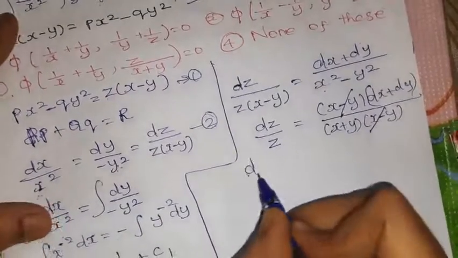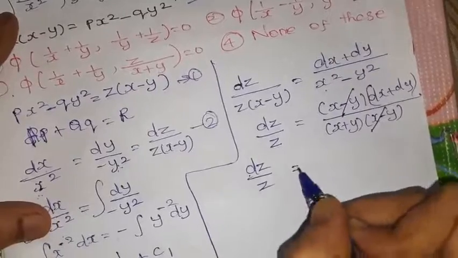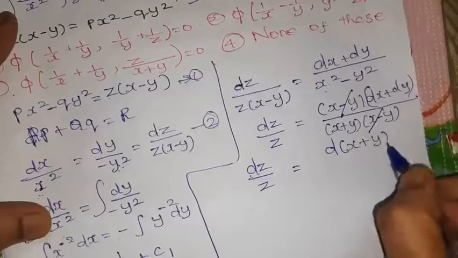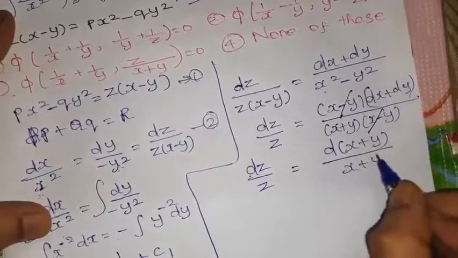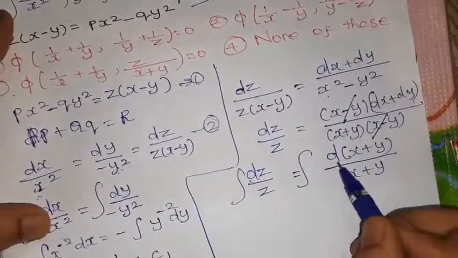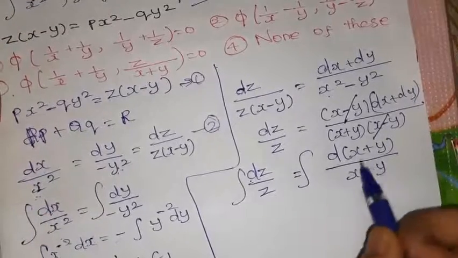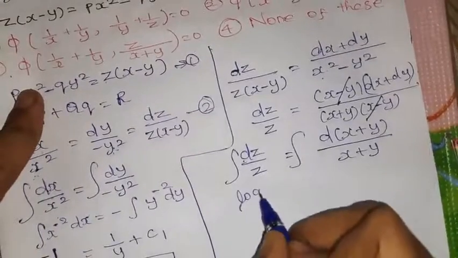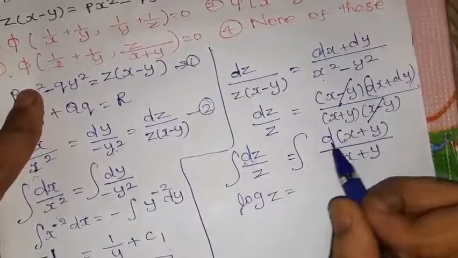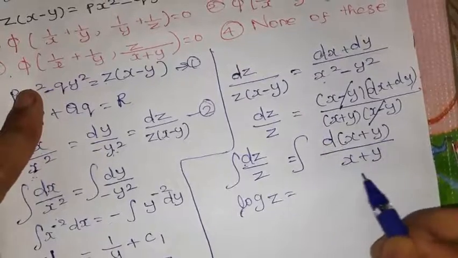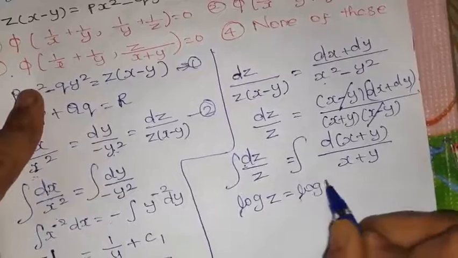So dz by z equals the differentiation of x plus y divided by x plus y. Integrating on both sides, we write dx plus dy as the differentiation of x plus y, with x plus y in the denominator. dz by z gives log z. Integrating the differentiation of x plus y divided by x plus y, we get log of x plus y. How?